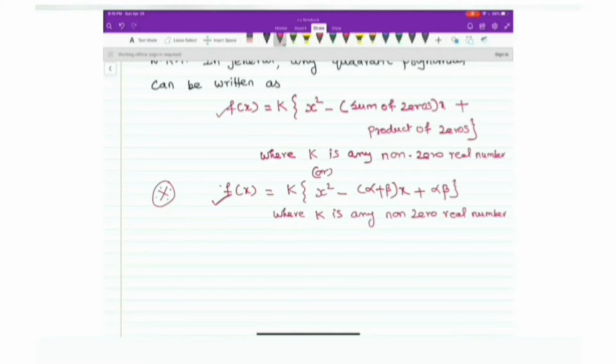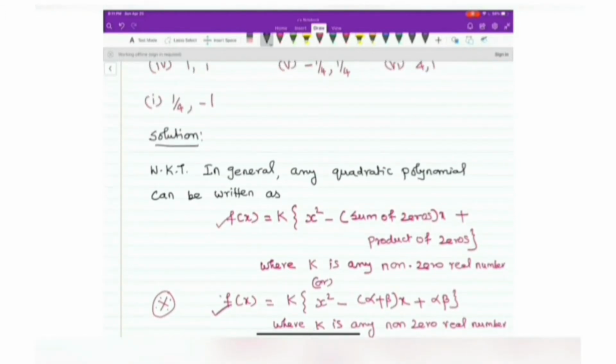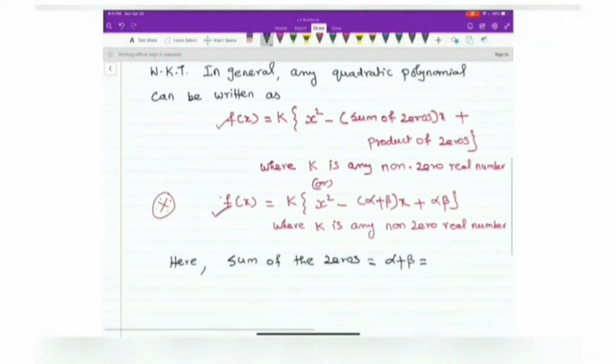Okay, but here what is given to you? Here the sum of the zeros is equal to alpha plus beta, which, if you see the question, is given as 1 by 4, and alpha beta is minus 1.